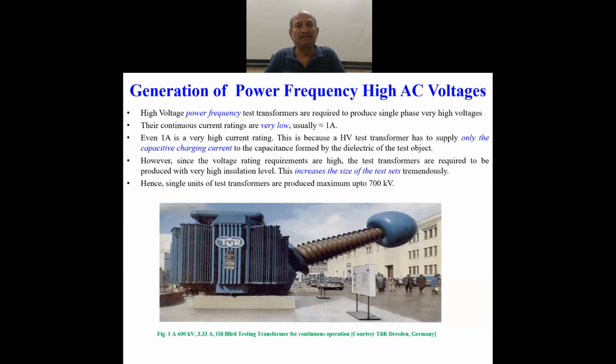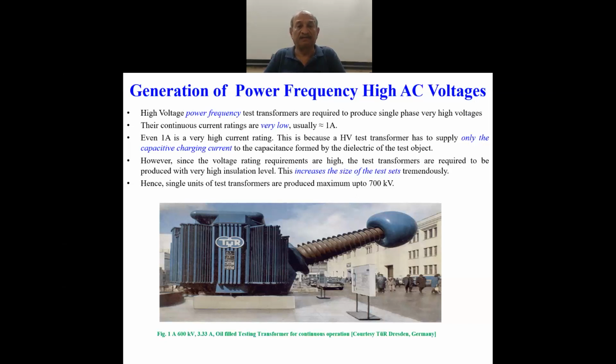Even during production, it is desired to ensure the quality of the dielectric provided to the equipment.